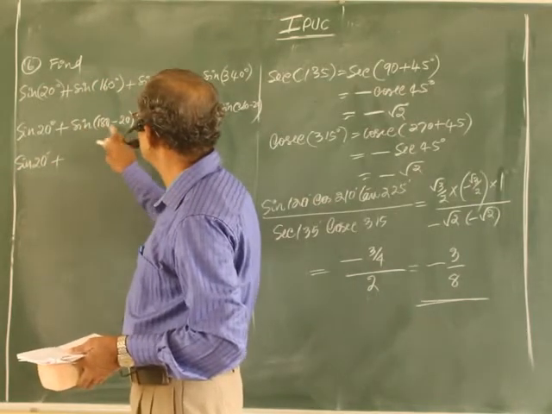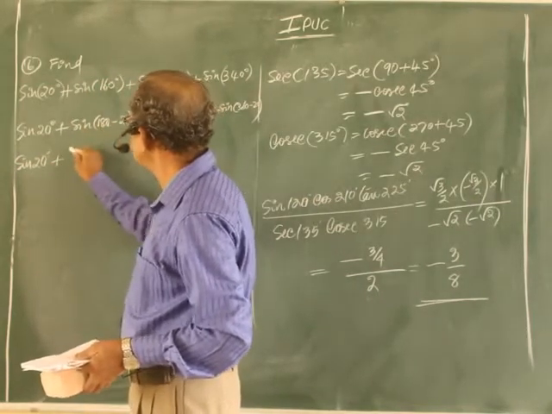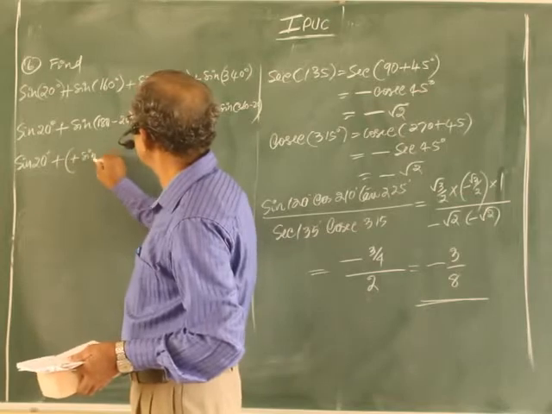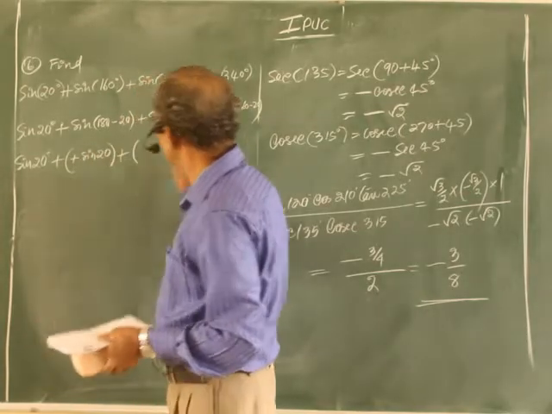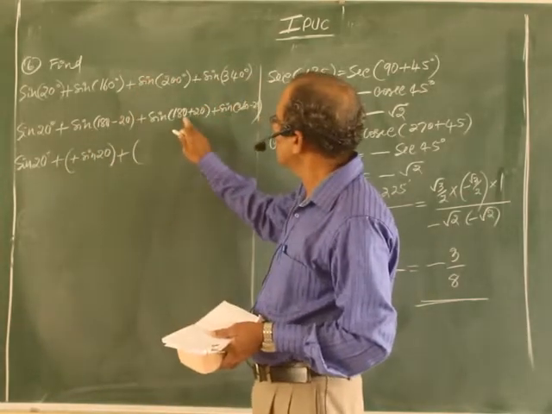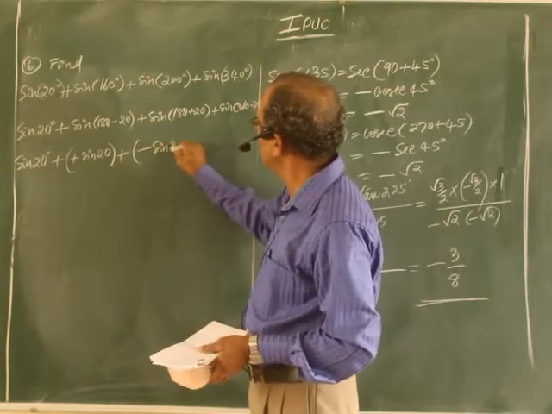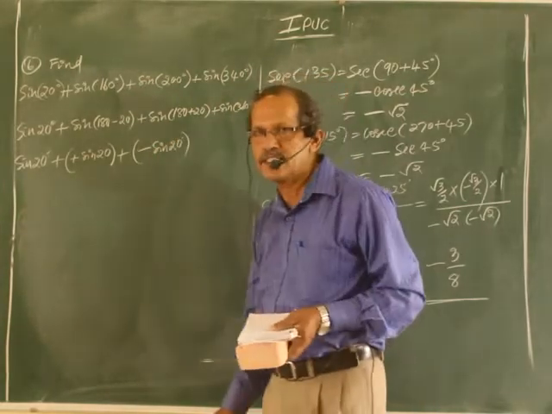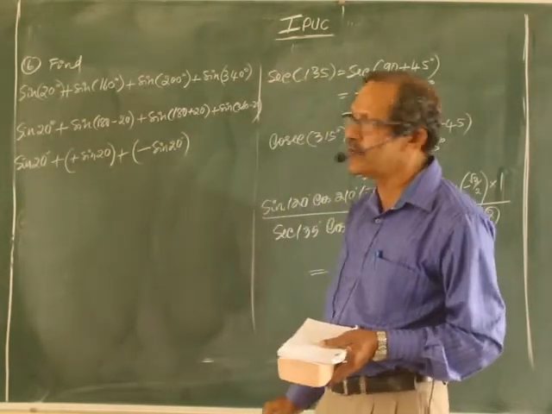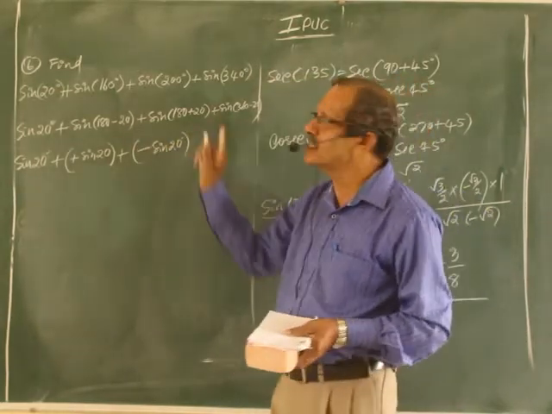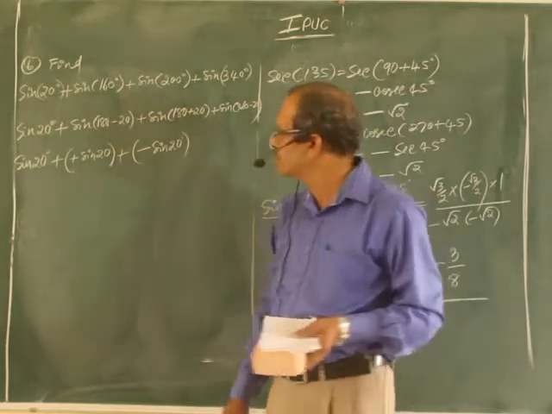Sin 20. Second quadrant, sin is positive, sin remains the same. Third quadrant, sin is minus, and sin remains the same because 180 is written. See, no 90 or 270 there, only 180 and 360, so don't change the function.